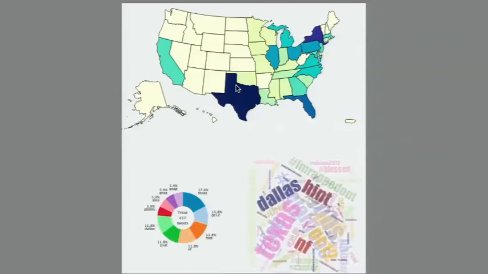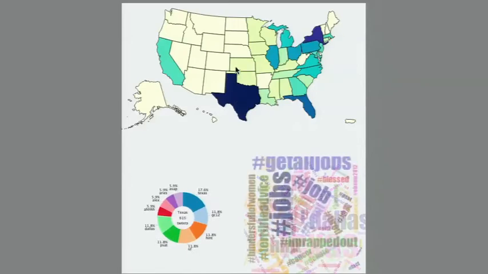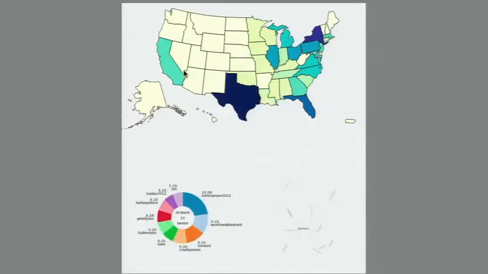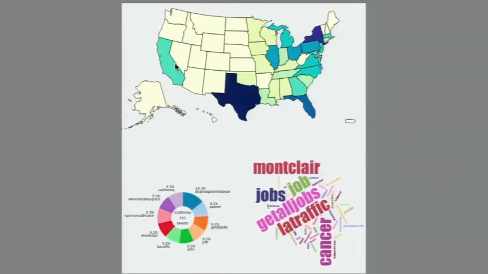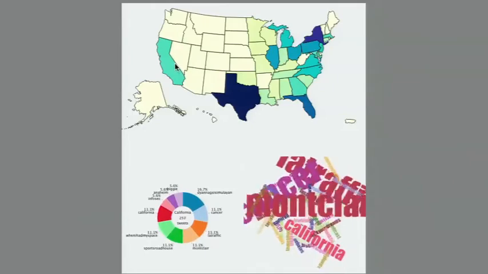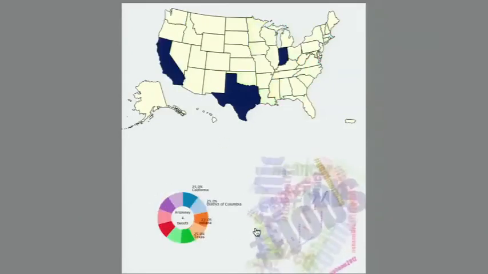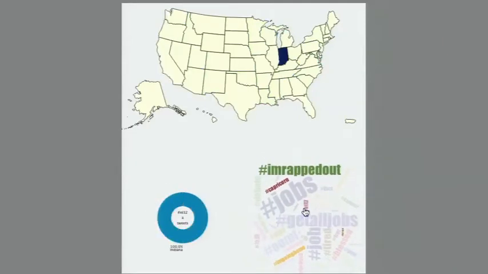Again, if I hover over a particular state, the context of the pinwheel and the word cloud are going to change based on where I'm moving my mouse. I don't know what Californians are tweeting about at the moment, various different things. Maybe whatever's topical. Likewise, I can hover over a particular word in the word cloud.